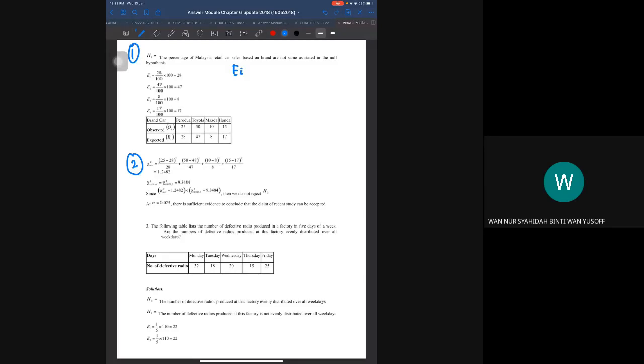You have to know how to distinguish whether the information given is a distribution or a frequency. A frequency must be a whole number, a discrete number. So you have the observed frequency given in your question.